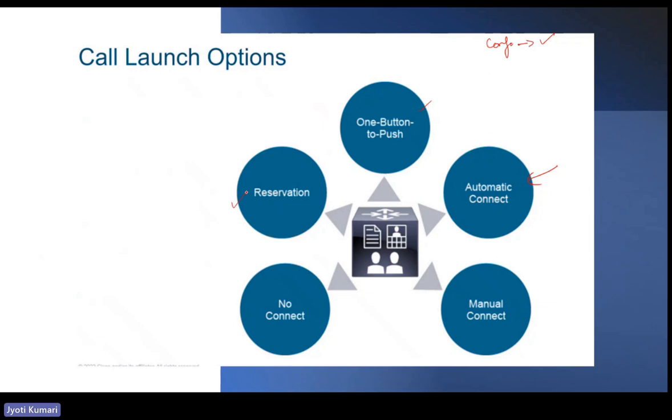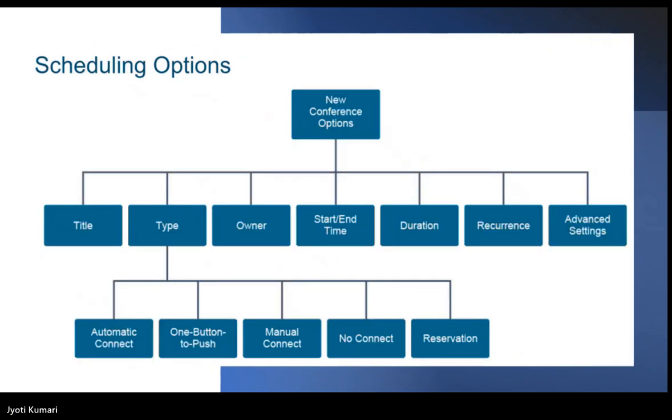Reservation: reserve it for a particular time. No connect: just create a conference for reporting, monitoring, or testing purposes. We can enable no connect so that no users will be connected and the conference will not take any bandwidth. Manual connect: in that case, you have to manually launch the call, and only then will the conference be up, not based on any reservation or scheduled time.